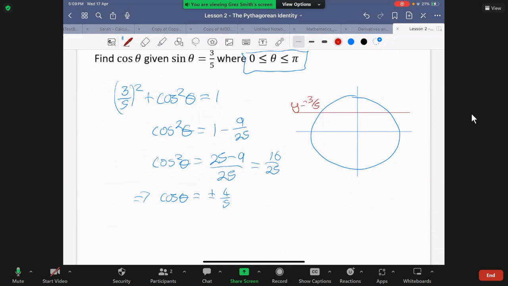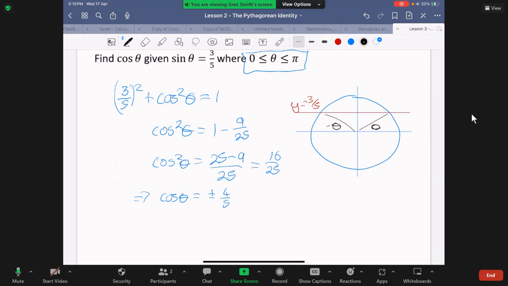And our angle that we're talking about is this one here or this one here. These are the two angles which will give the value. So whether we're talking about theta being in the first quadrant or the second quadrant, the sine value can be positive.